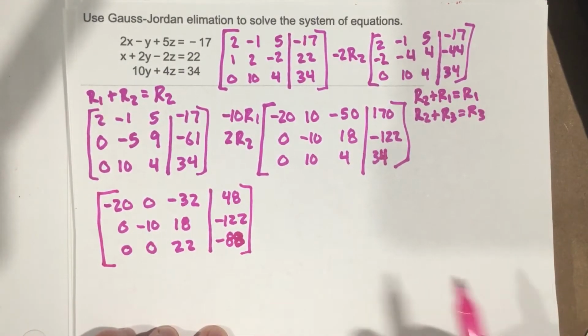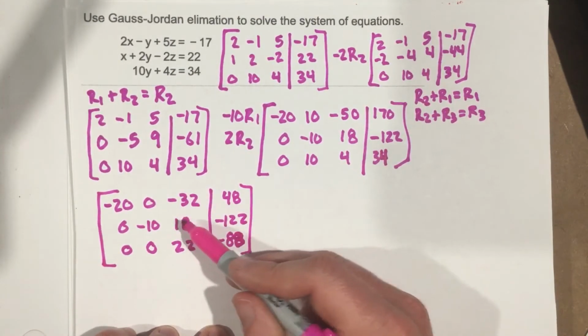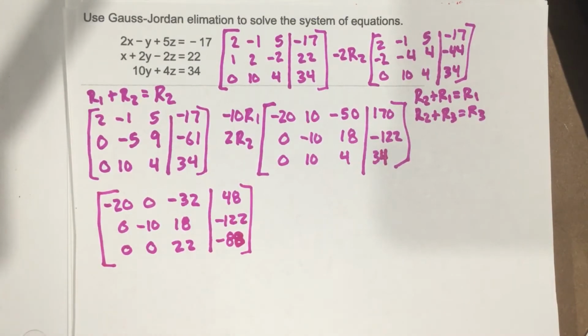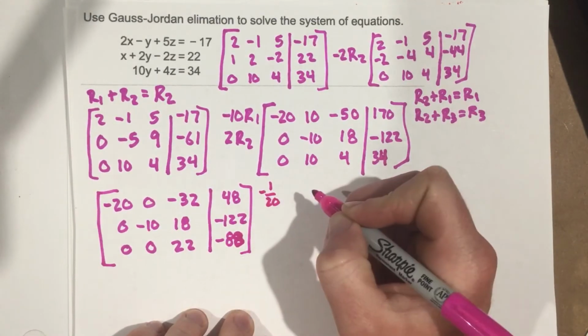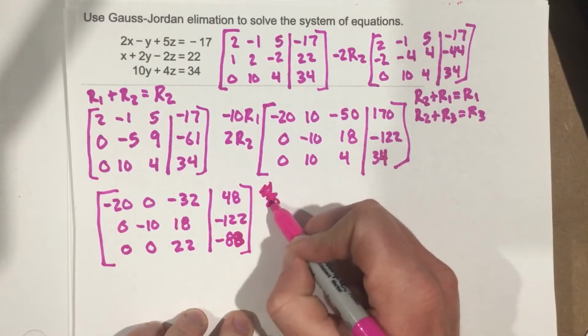Next step, we need to cancel this to be a 0 and this to be a 0. So here's what we're going to do. Let's not do negative 1 over 20.